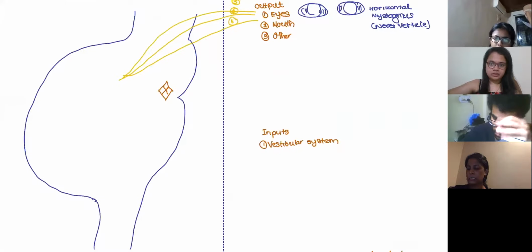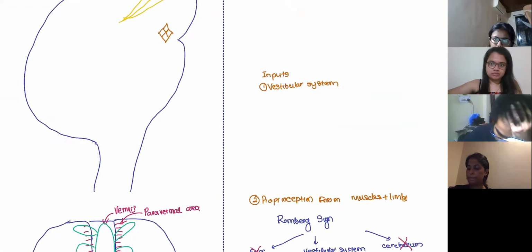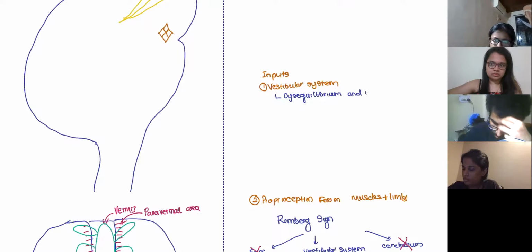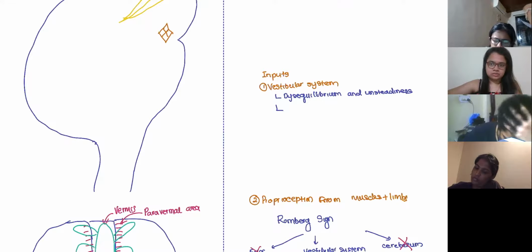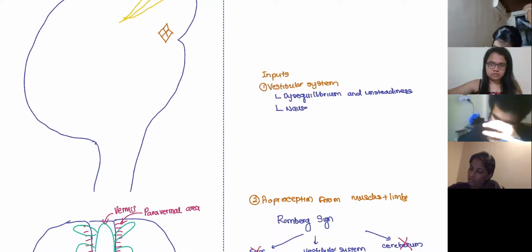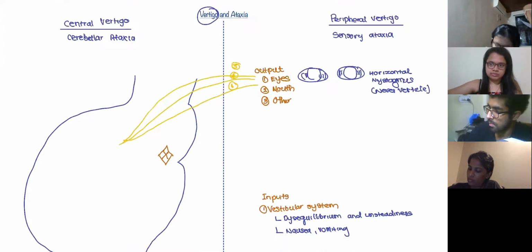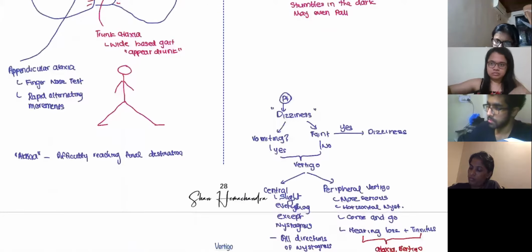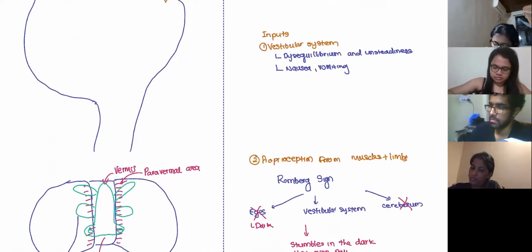So if there's a dysfunction in the vestibular system, you have three main symptoms: disequilibrium and unsteadiness, nausea, vomiting. This is why I said in peripheral vertigo, you can differentiate that from dizziness. If there's damage to the vestibular system, you will definitely get nausea and vomiting.